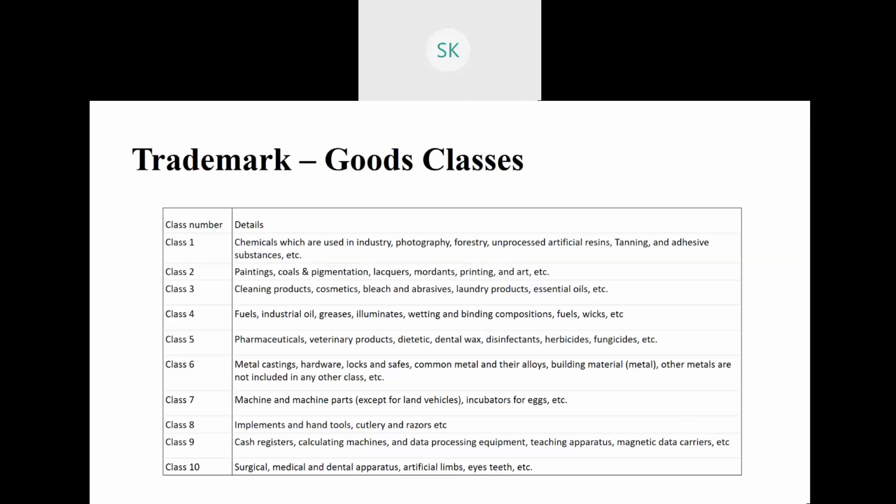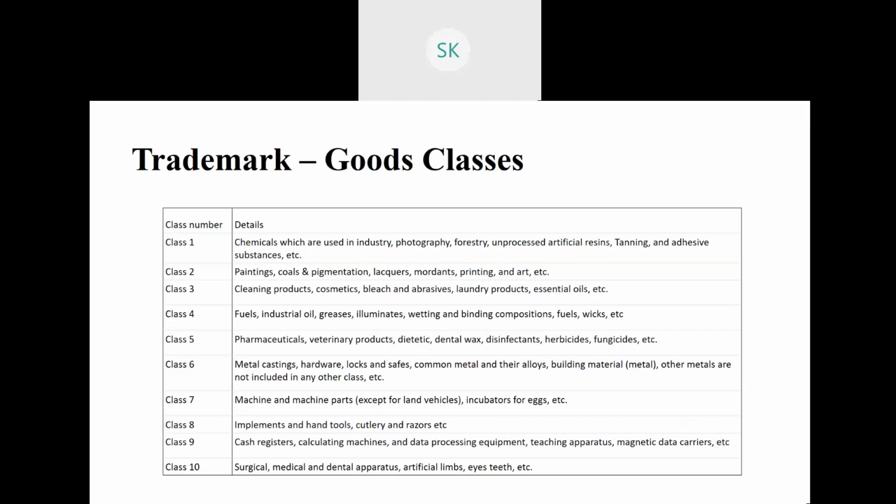Then coming to class 7, it has machine parts except for land vehicles, incubators for eggs, etc. Except for land vehicles means the machines and machine parts of land vehicles are included in other classes, so they are removed from class 7. Then coming to class 8, implements and hand tools, cutlery, razors.